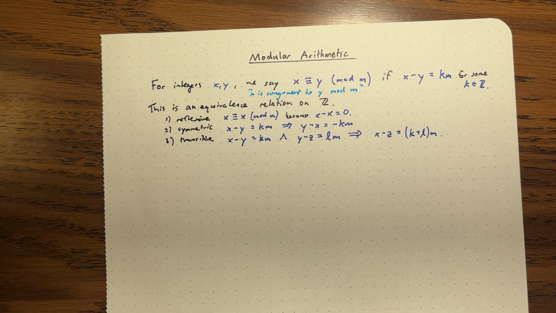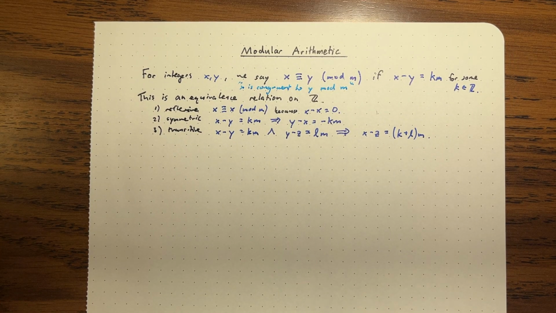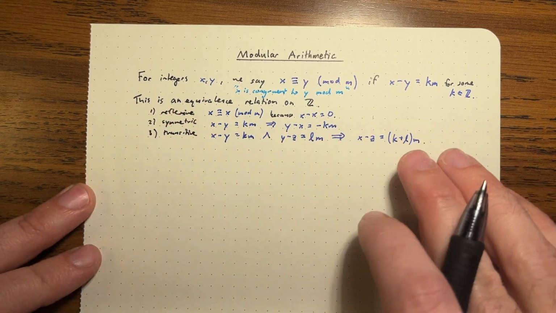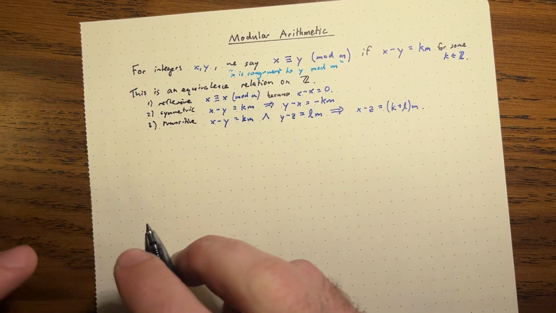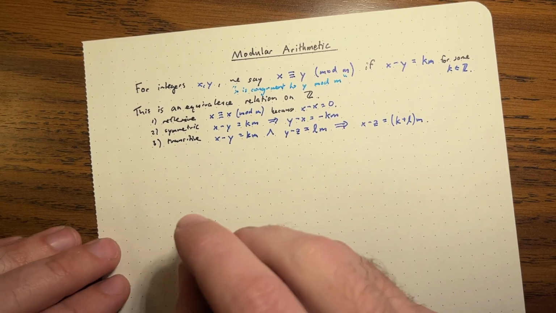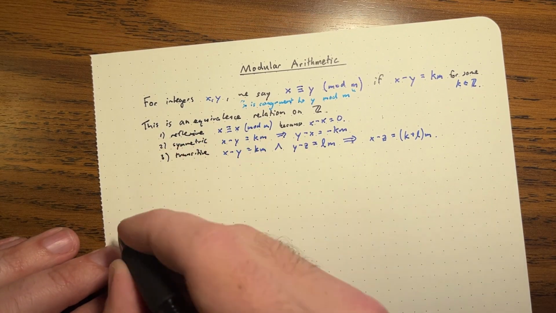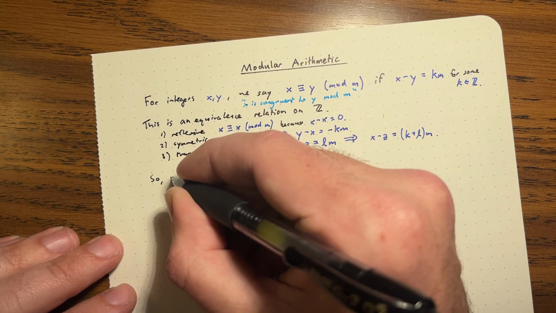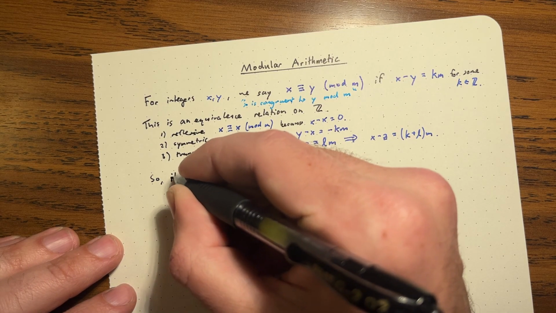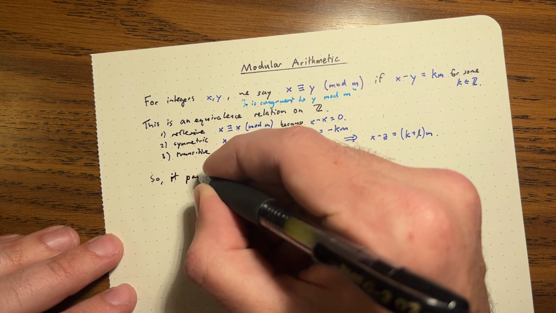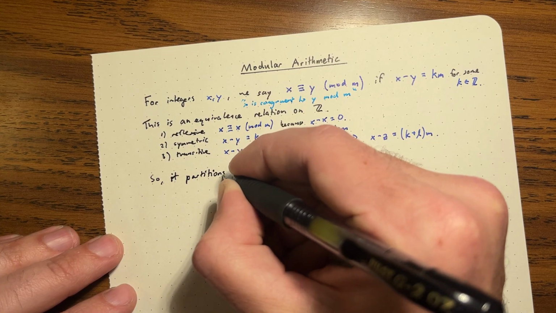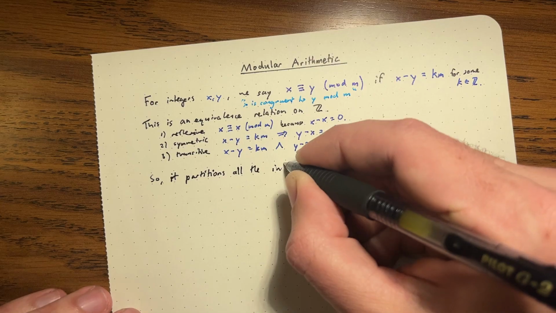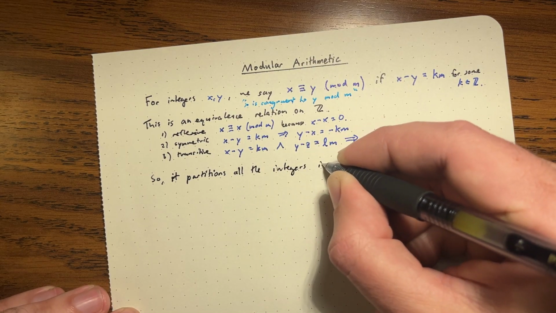And why do we care about equivalence relations so much? We care because it allows us to partition the integers into equivalence classes. The whole point of this is that the equivalence relation partitions all the integers into equivalence classes.